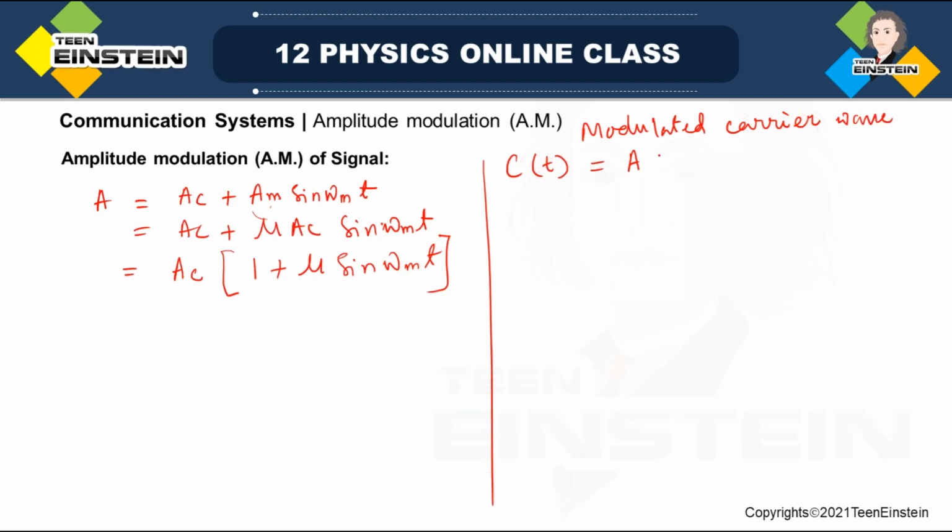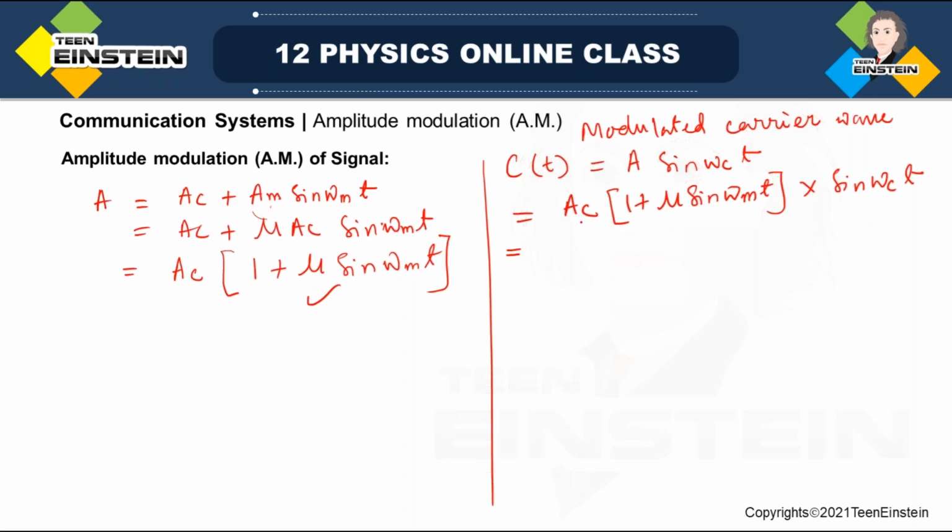Okay. So this is A into sine omega c into t. What is A? We have got this one, we'll put it here: AC into 1 plus mu sine of omega m into t, whole into sine omega c into t.